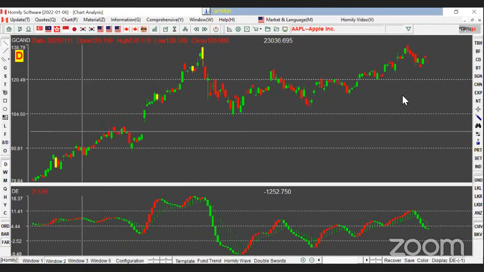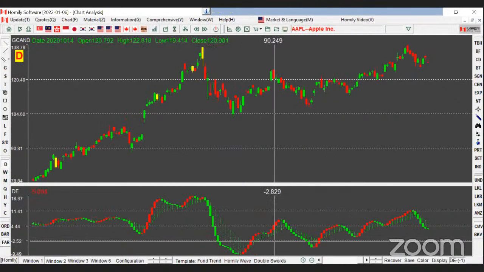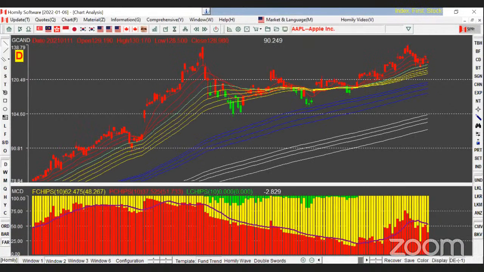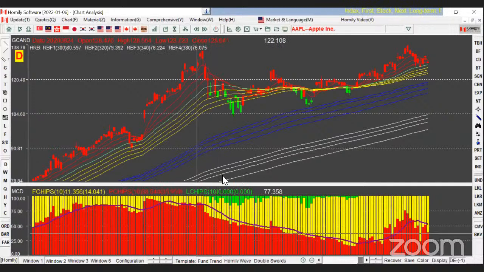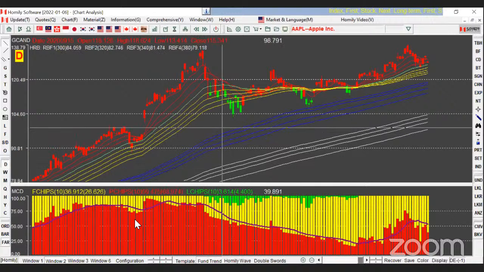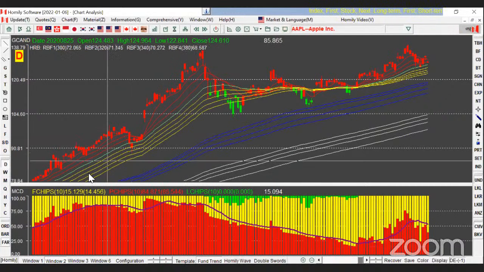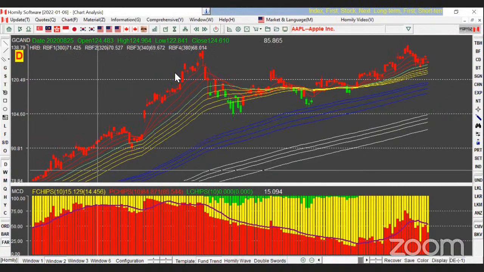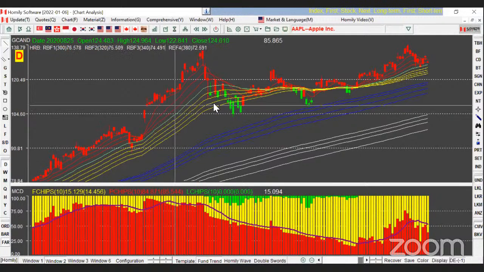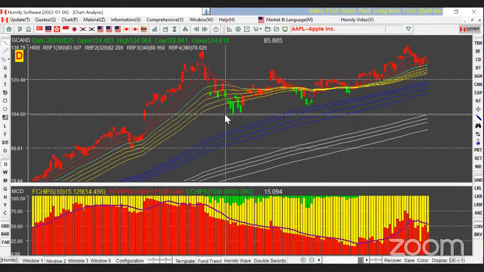If you click the template here, the fan trend template, you automatically get this combination of Homely Rainbow, Multicolor Dragon, and the red and green signal.